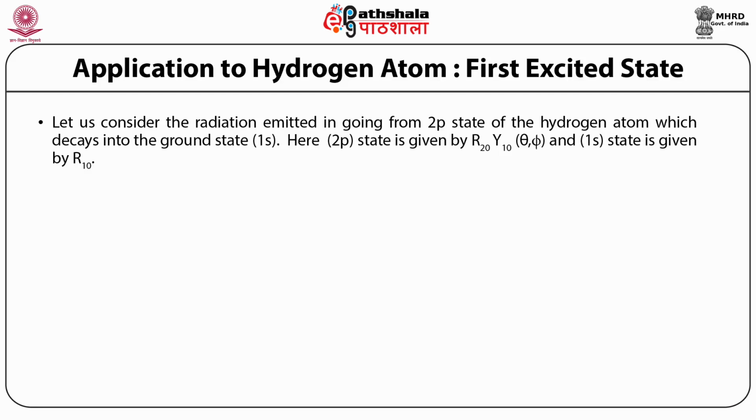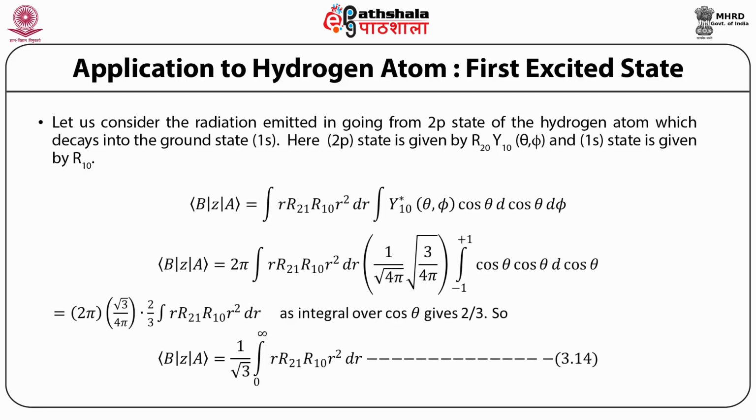So, the matrix element of z between B and A can be written as the integral of small r times radial function R21, radial function R10, into r squared dr, and then the integral over d cos theta and d phi of Y10 star cosine theta.